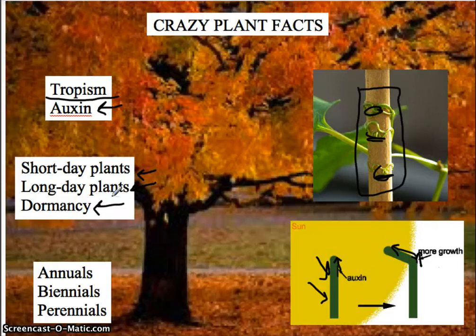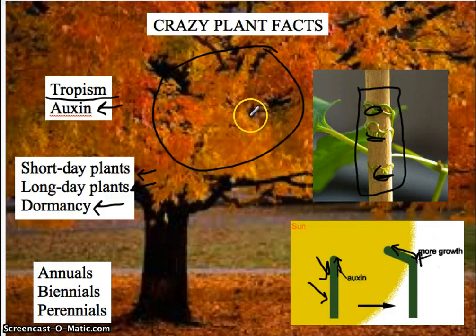Cooler weather is going to stop them from making chlorophyll, and that's about the time you see them looking like this. When you have the red and the orange and the yellow show up in the fall, that's when the chlorophyll has been stopped. So it's not going to be too long after that whenever the sugar and the water is going to be transported out of the leaves and back into the trunk and the limbs. So whenever the sugar and the water and the chlorophyll are out of it, the leaves will fall, and you can see that's already started to happen down here.